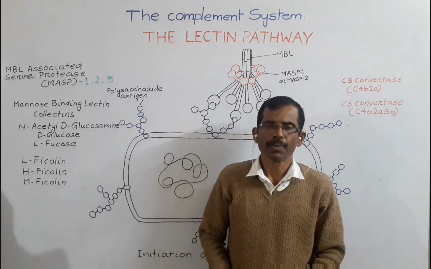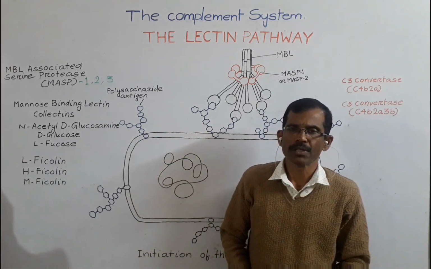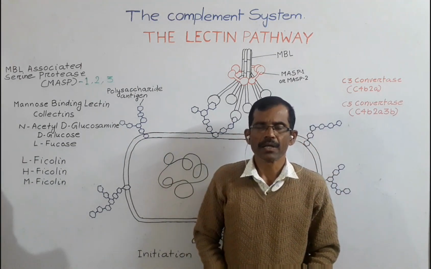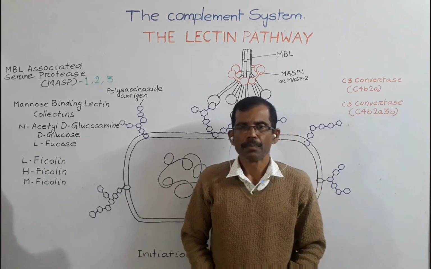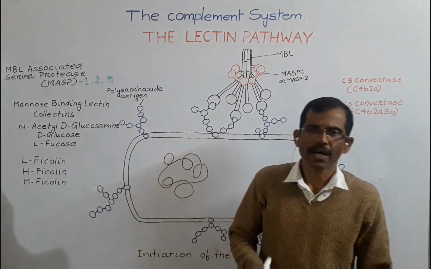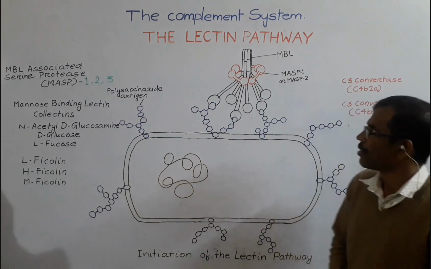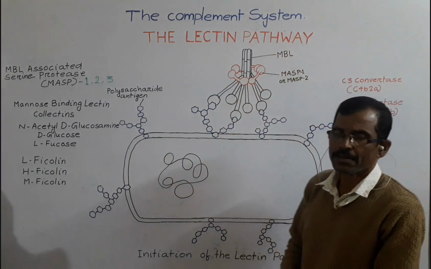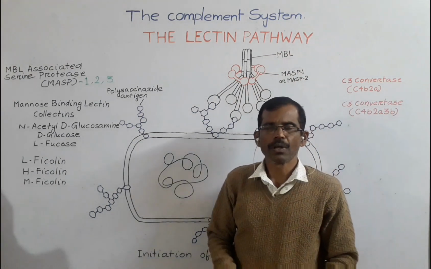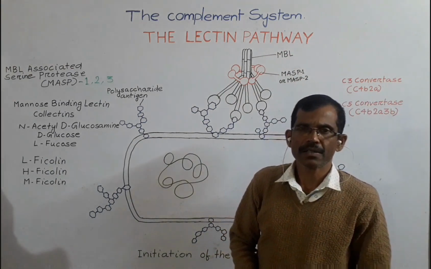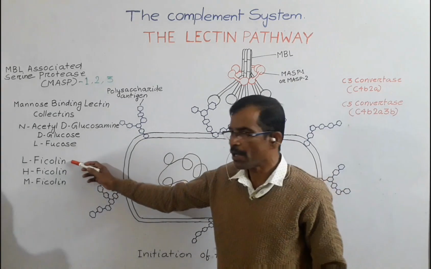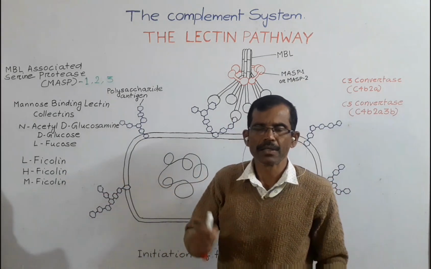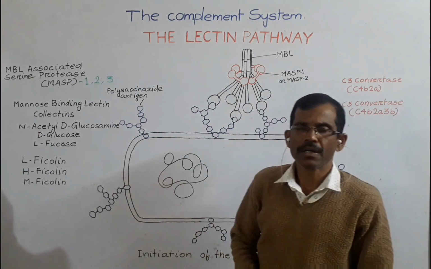An additional family of proteins known as ficolins, which are structurally related to collectins, have been identified as additional initiators of the lectin pathway of complement activation. Three different ficolins have been identified: L-ficolin, H-ficolin, and M-ficolin, and each of them binds specific carbohydrate components.